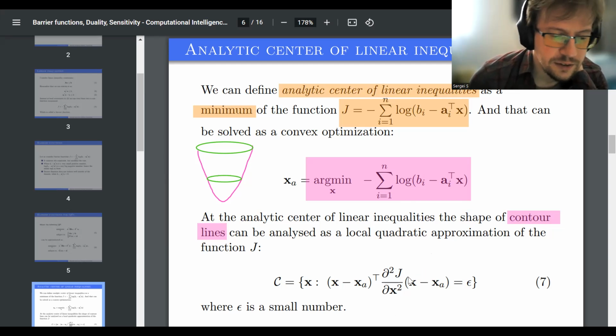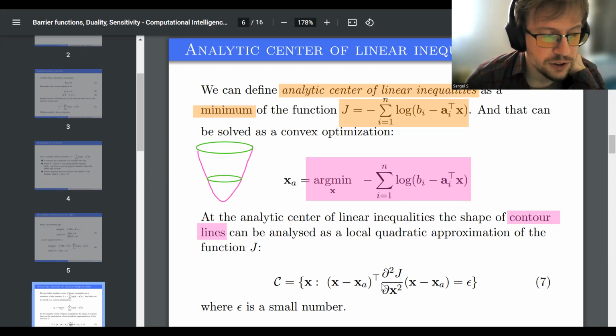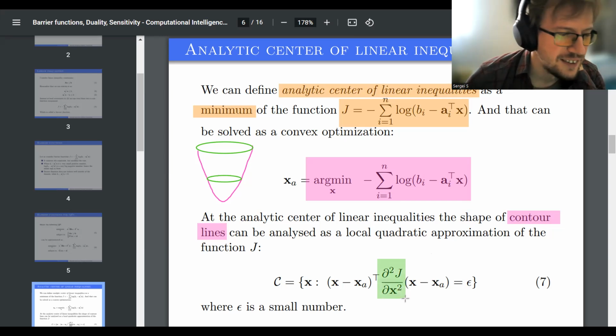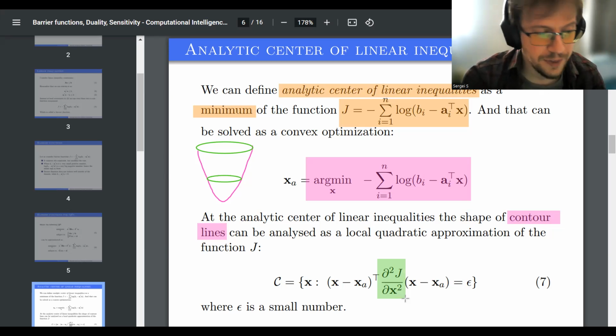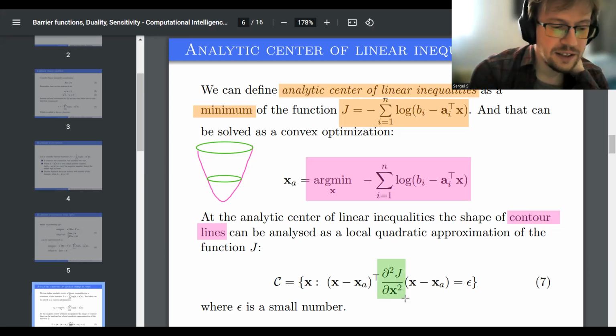And the matrix of this quadratic form, or just like this Hessian, whatever you want to call it, that is like the Hessian of the barrier function, would essentially define the shape of the contour line at the analytic center of inequalities.